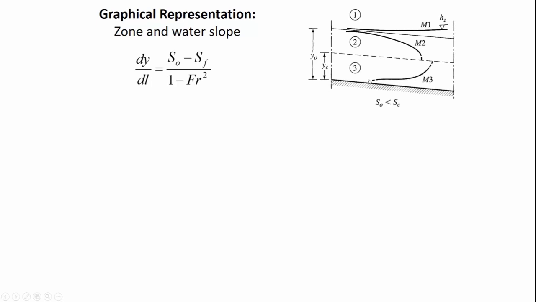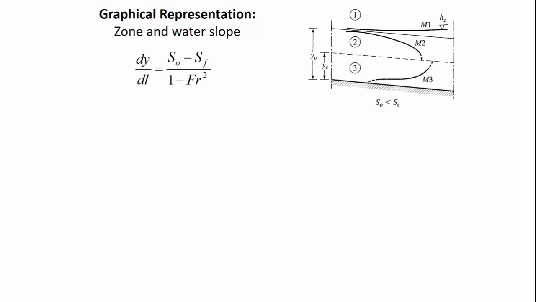It'll always be increasing in the direction of flow. Anybody know of a physical feature that causes an M3 profile? Like, go ahead. Eddy. An eddy? Maybe. Like, think about an engineered structure, something that you could put into the channel or something you could build that would cause an M3 profile.